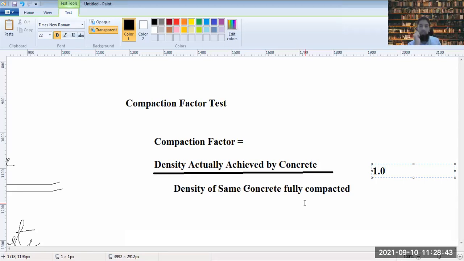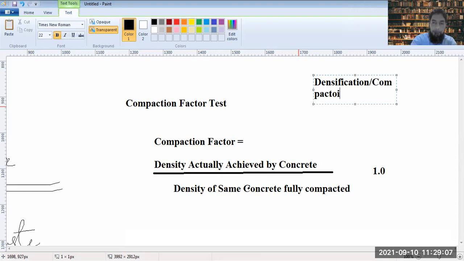So what was the purpose of workability? To achieve proper densification of concrete, or we call it proper compaction of concrete, or proper consolidation of concrete. You have three terms here: densification, compaction, and consolidation.